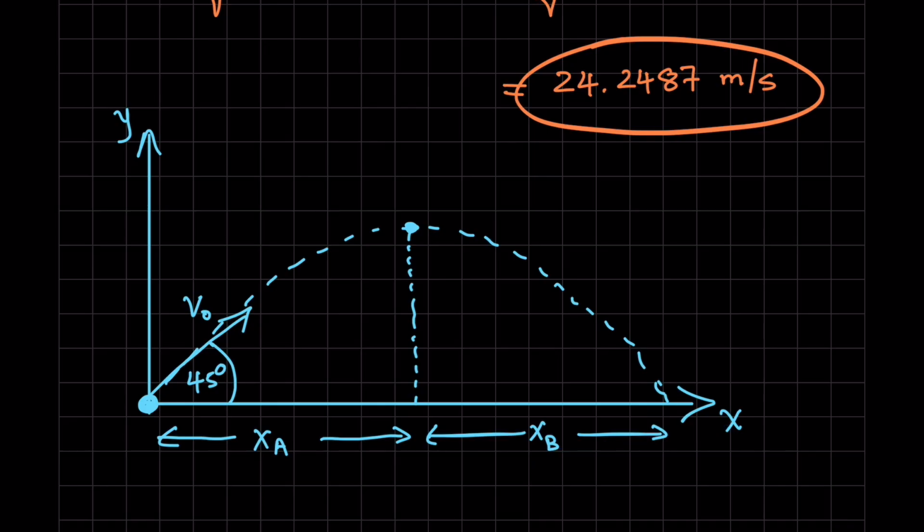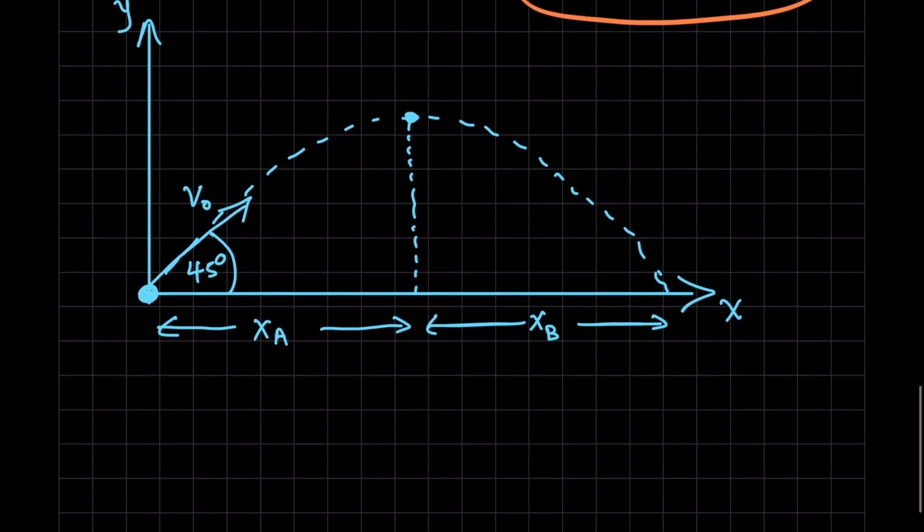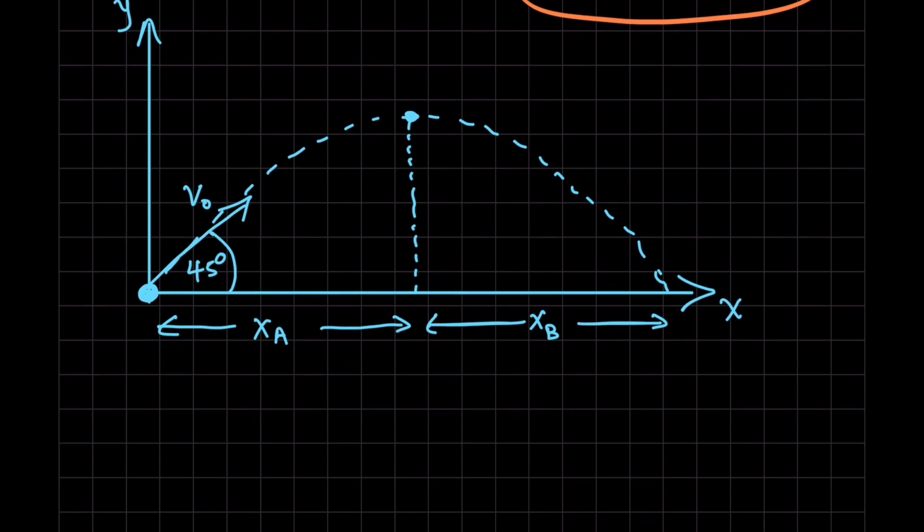Well, up until this point when the wind affects the ball, it's going about its business as before, okay? But after the wind affects the ball, it's now going slightly slower, so we should think about that as a second part, right? So let's do this in two parts, where we're going to calculate XA, the distance that it traveled to get to the highest point, and then we'll get XB, the rest of the journey, right?